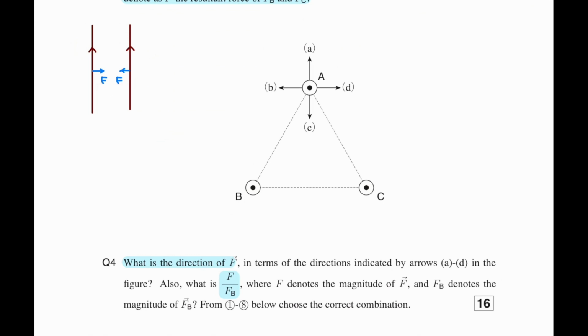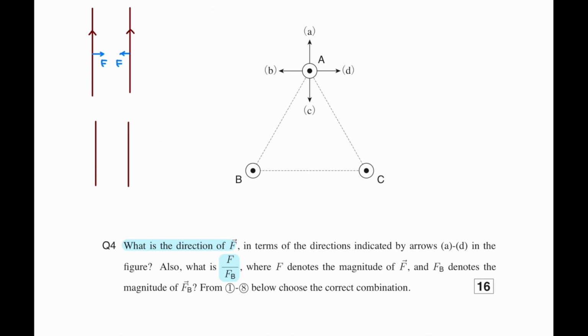So let's say I have 2 straight wires like this, and the direction of the current, one is going up and the other one is going down like this. There will be a magnetic force acting on each wire, and the direction of the magnetic force will repel them from each other. Something like this.